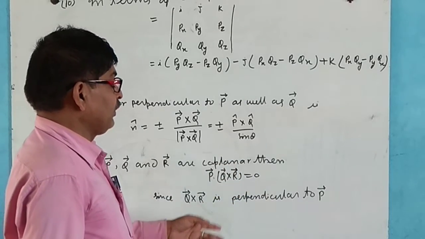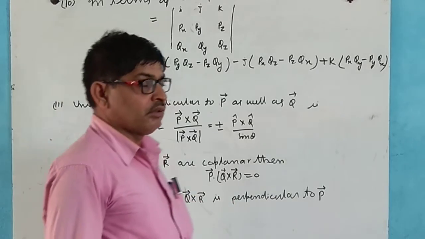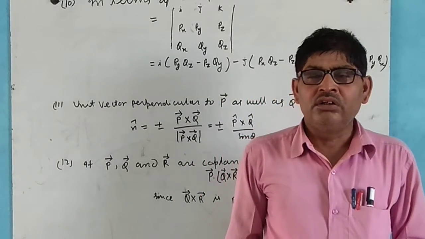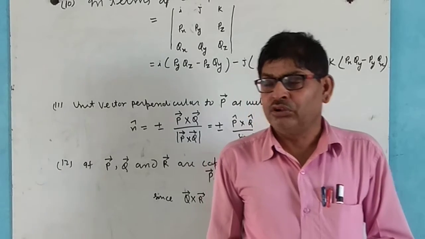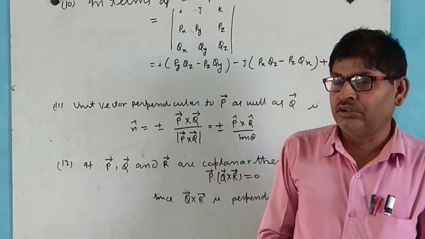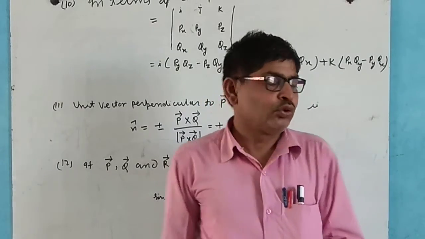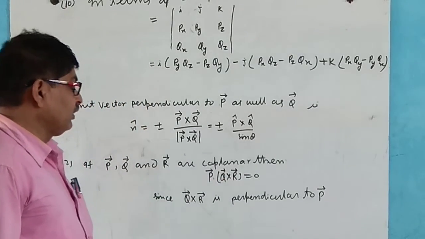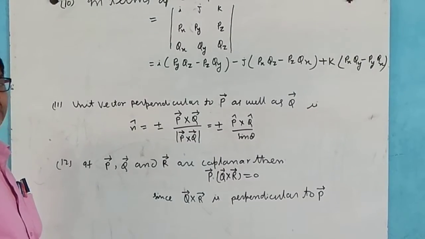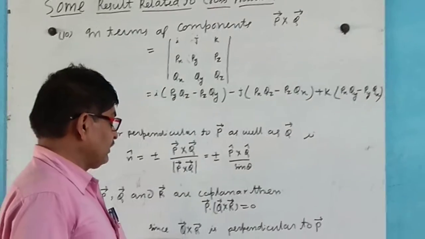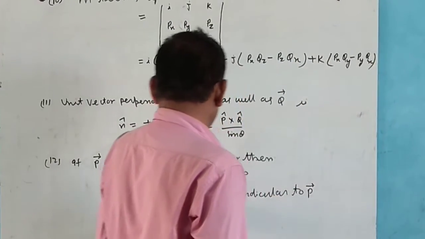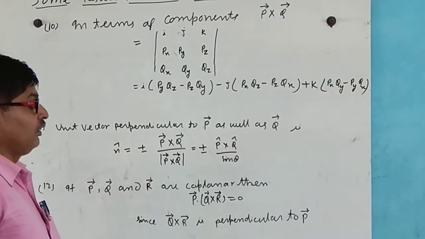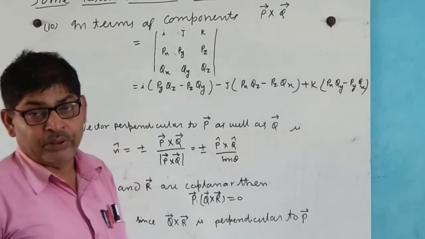Here Q cross R is perpendicular to the plane, since the cross product of two vectors lying in a plane is perpendicular to them, so Q cross R is perpendicular to P. This is the condition for P, Q, R to be coplanar.